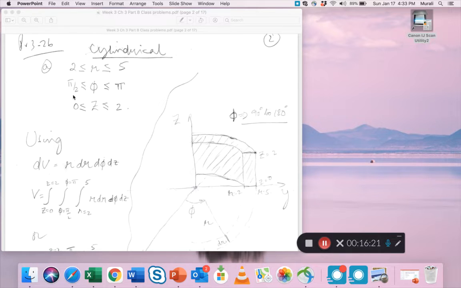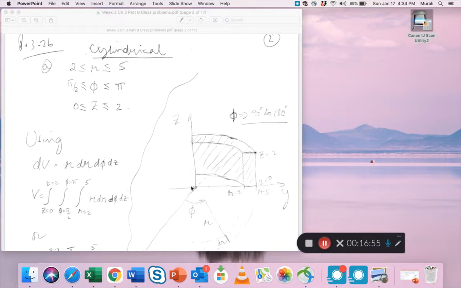So I'm using that conveniently, and phi is pi by 2 to pi. That's why I started the wall, the Great Wall of China, right here, because phi, which is measured from the x-axis, has its lowest value at 90 degrees. Starting from the x-axis, the first time you hit 90 is at the y-axis, and then it goes to pi, 180 degrees.